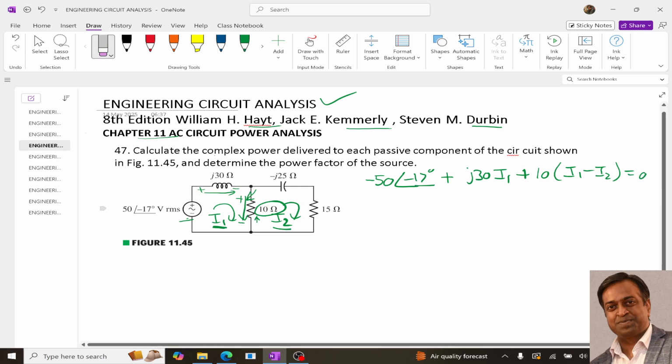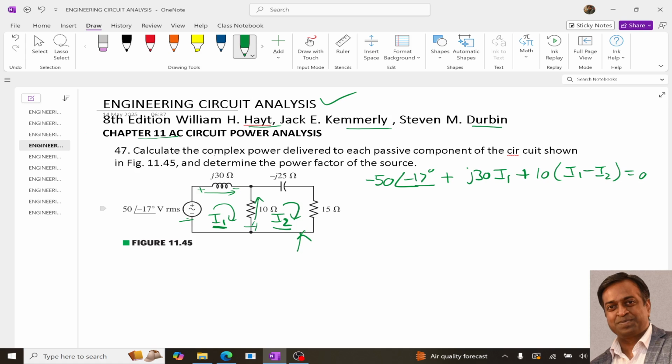Now, following the same thing for the second loop. Here one current is I2 going in the same direction and I1 is going in a different direction. If I consider the arrow in the upward direction, it will be I2 minus I1, and the resistance is 10, so 10 (I2 minus I1).